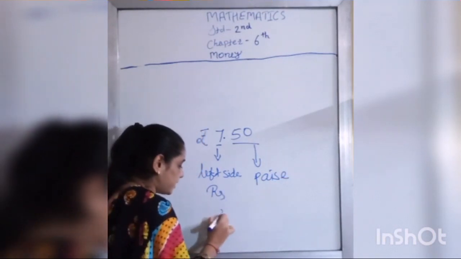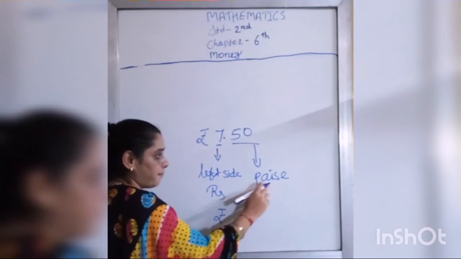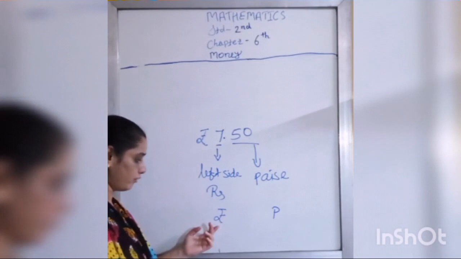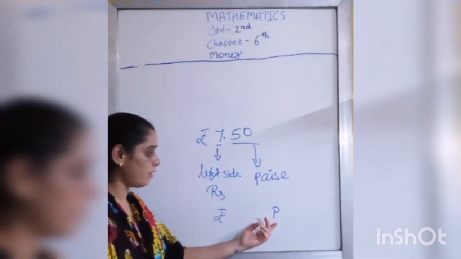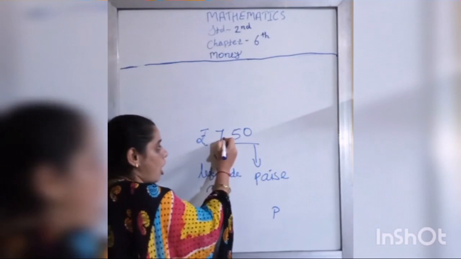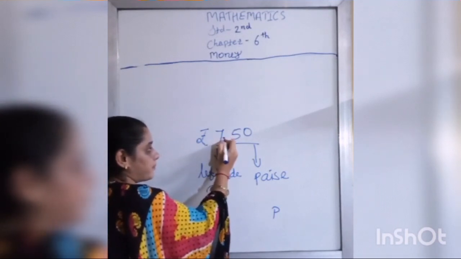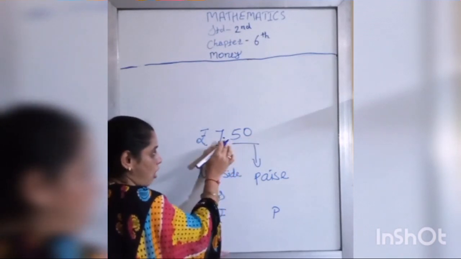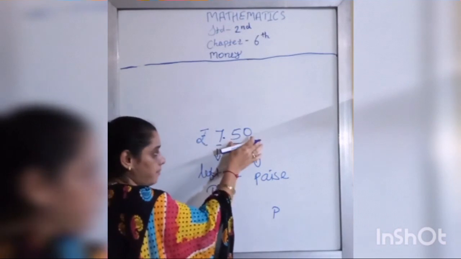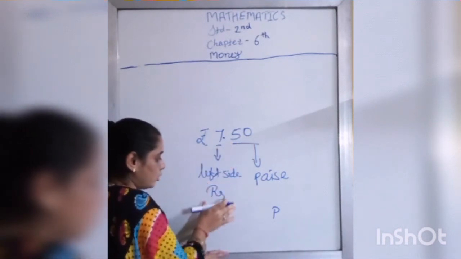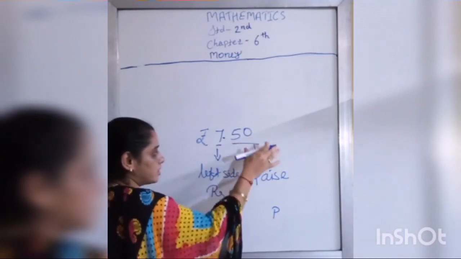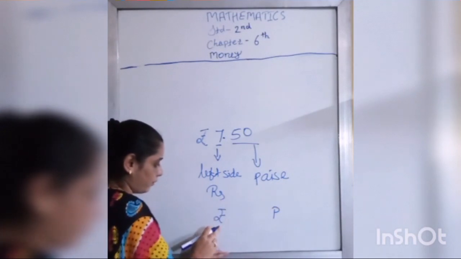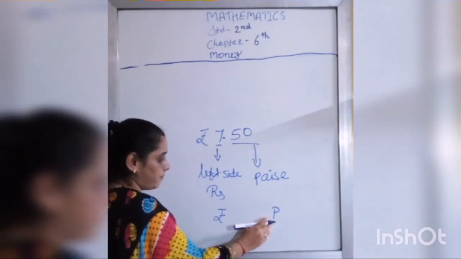Rupees is denoted by this symbol, and paise is denoted by P. And this dot, or you can say the decimal point, separates rupees and paise. Towards the left side, rupees is written, and towards the right side, paise is written.